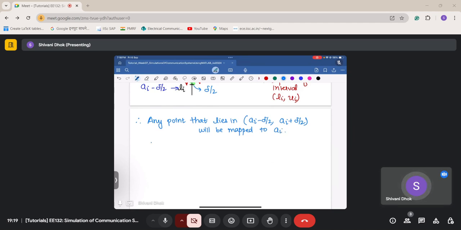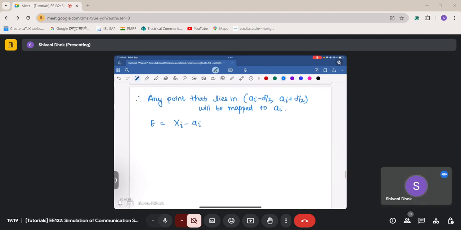So your quantization error E will be equal to xi minus Ai, where xi belongs to Ai minus delta by 2 to Ai plus delta by 2.